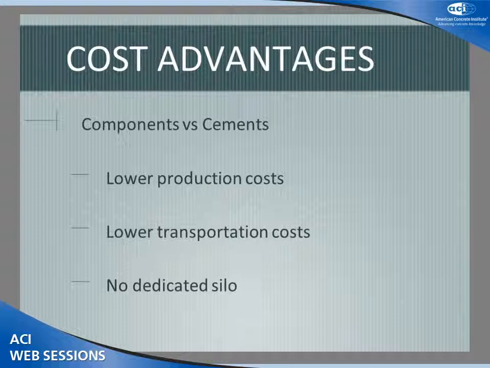Here are the cost advantages that we can look at from components versus cement. Shrinkage-compensating components are more economical than shrinkage-compensating cements. Transporting a bag of component per cubic yard to the concrete producer is considerably cheaper than transporting cement per cubic yard to the concrete producer.